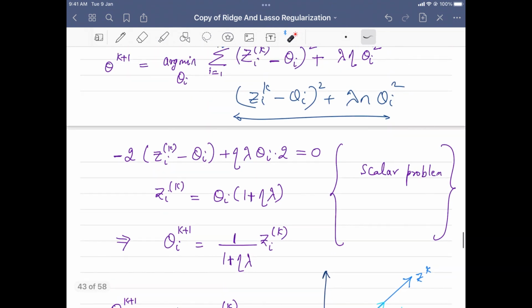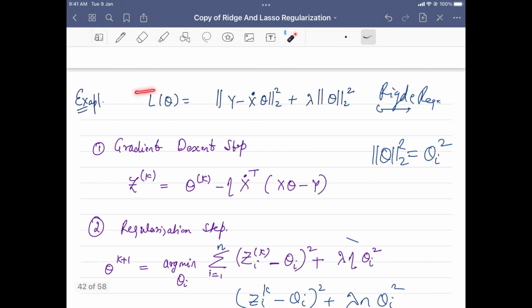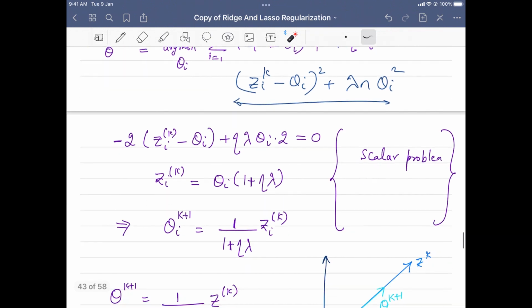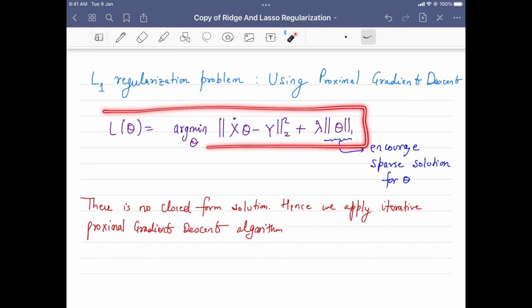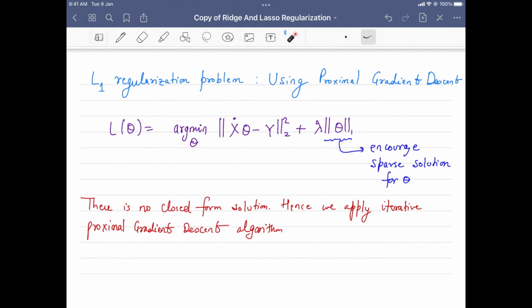So this is basically for L2 regularization, and if you want to go for L1 regularization, which is our main target, because we started out with the discussion of how to solve this lasso regression, which has this discontinuity problem, let us see how we can solve it through proximal gradient descent.